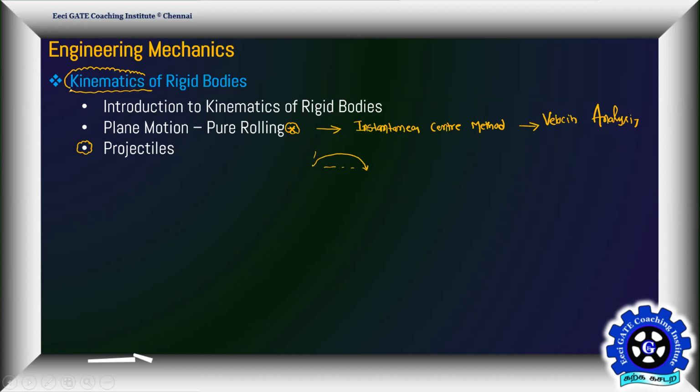Without considering causes of motion. Most probably here we will do acceleration analysis and velocity analysis. Both you will be doing in pure rolling: velocity analysis and acceleration analysis. Next, kinetics of rigid bodies. It is one of the scoring chapters in the engineering mechanics course.